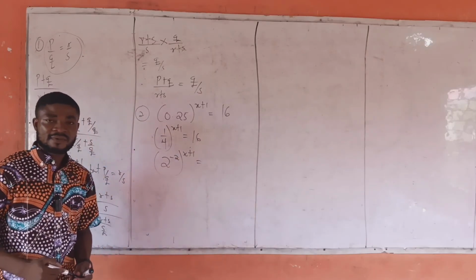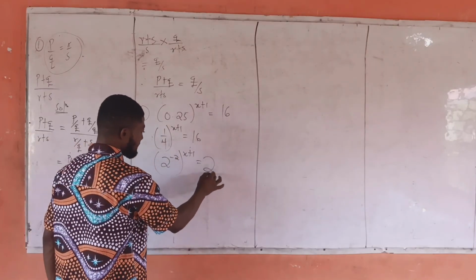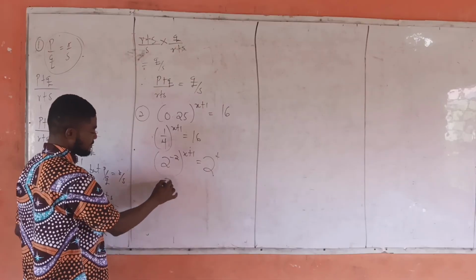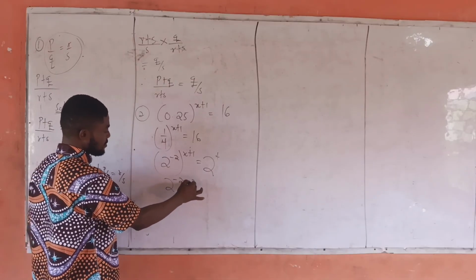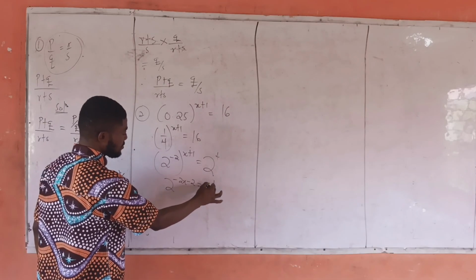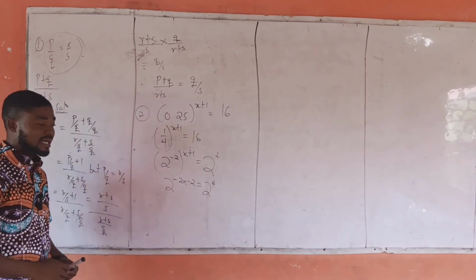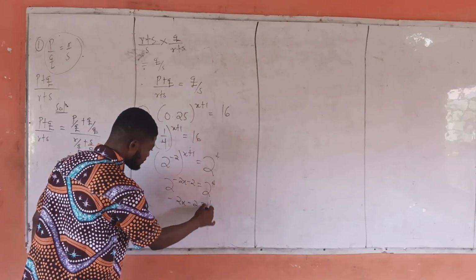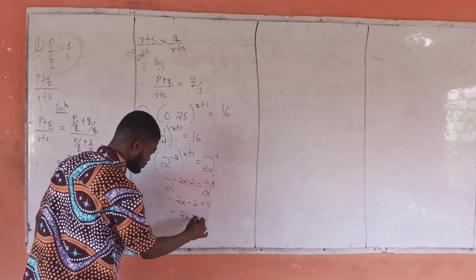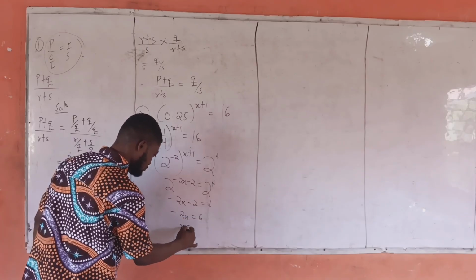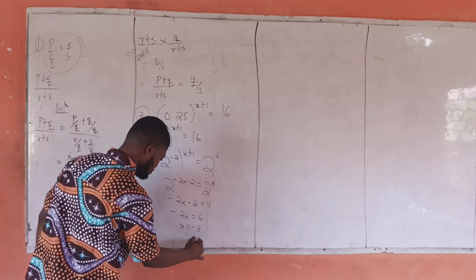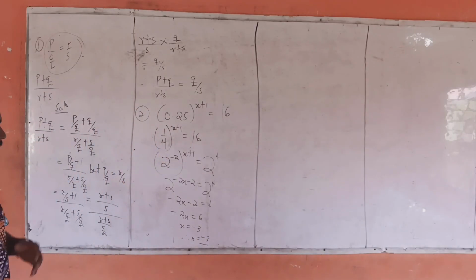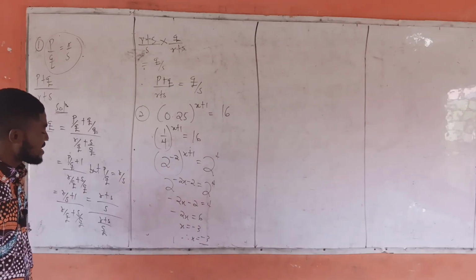And 16 is the same as 2 raised to the power 4. From the laws of powers, we expand this. Since the bases are the same, we can now equate our powers, and we get x giving us minus 3.